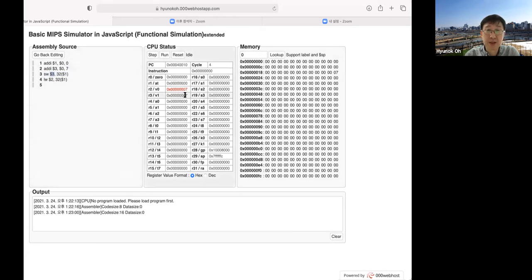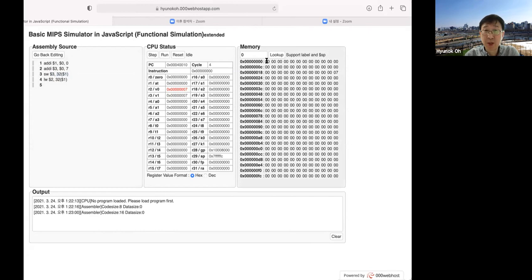So $3 is 7, and the store instruction is just storing this $3 value into the memory location. This is representing the address of memory, address of memory 32 plus $1. $1 is 0, right? So the address is 32.